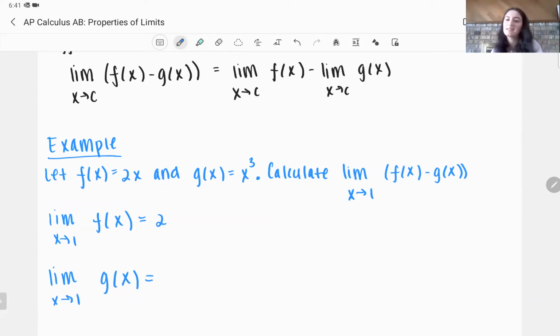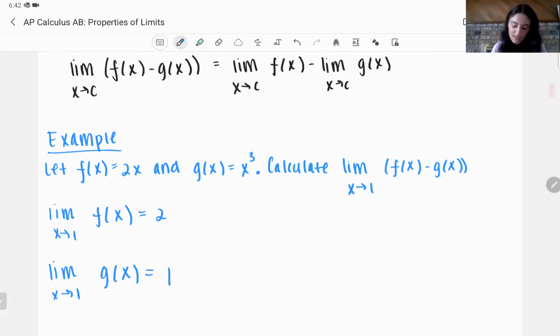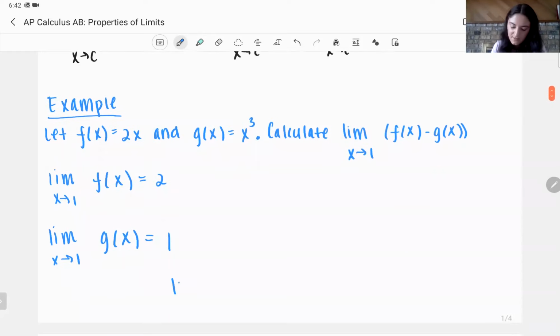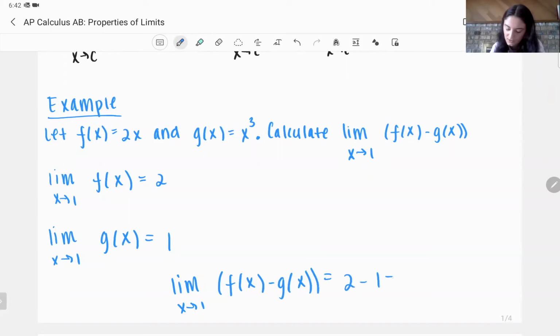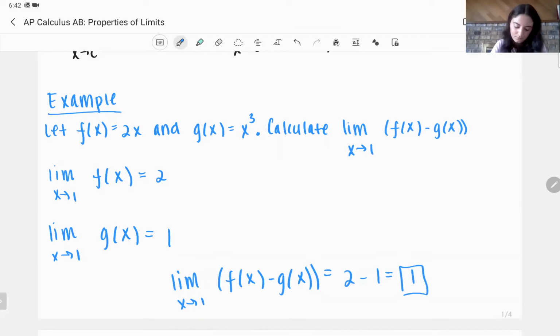And g of x is x cubed, so the limit as x approaches 1 is going to be 1. So now our final answer, the limit as x approaches 1 of f of x minus g of x, is just going to be 2 minus 1, which is equal to 1. So that is our final answer.